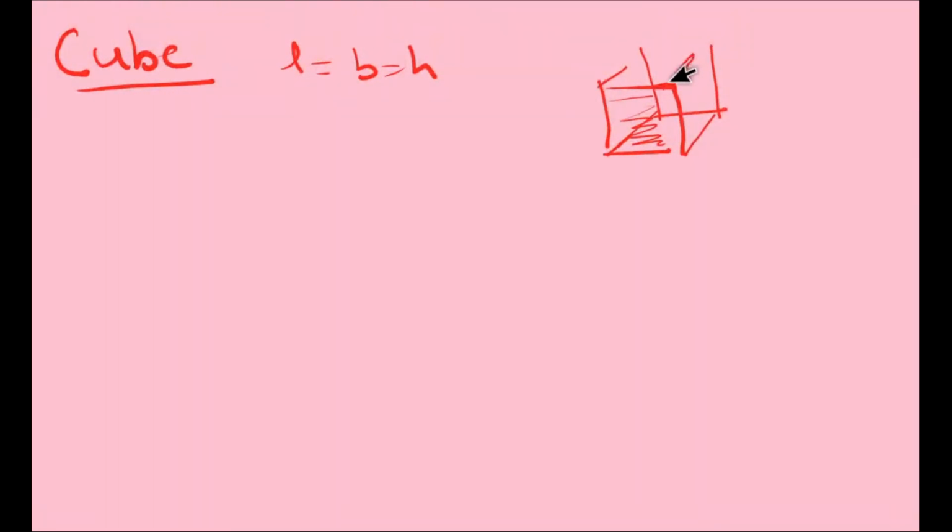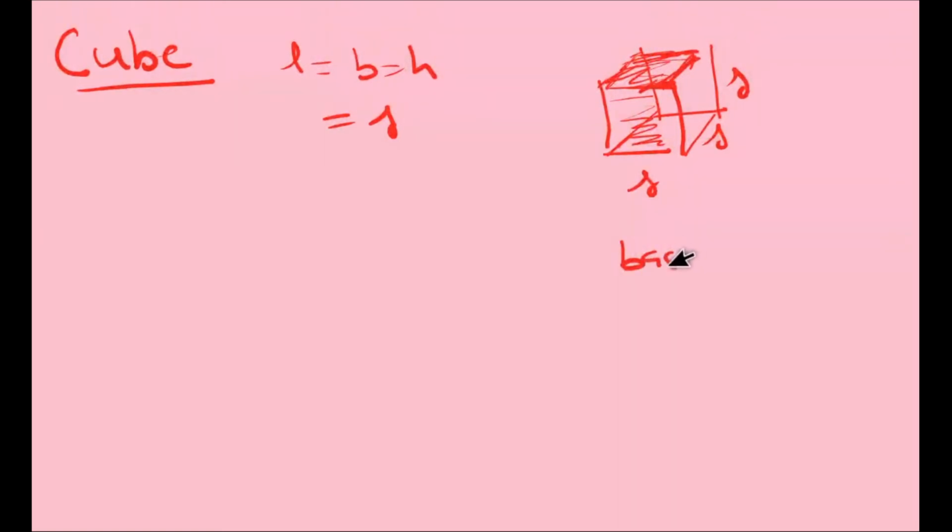If in a cuboid L equal to B equal to H, the base will be a square, and the top is also a square, and the height is equal to the base side, that is side and side equal to side, right?